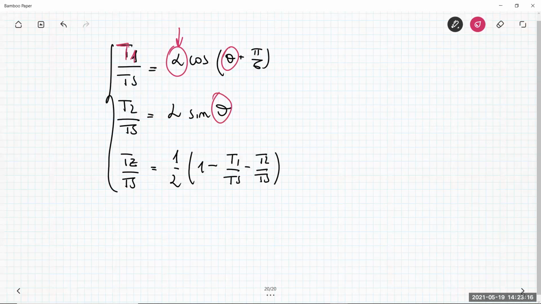This is the strength of this method for modulating the behavior of the inverters and getting the three phase at the output. Okay, so I will stop here.